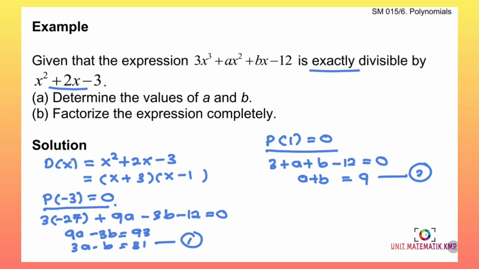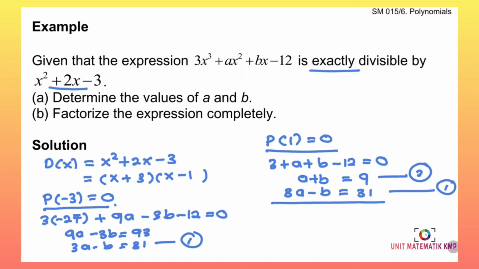To find the values of a and b, we need to solve the simultaneous equations, equation number 1 and equation number 2. Let me write equation number 1 here: 3a minus b equal to 31.